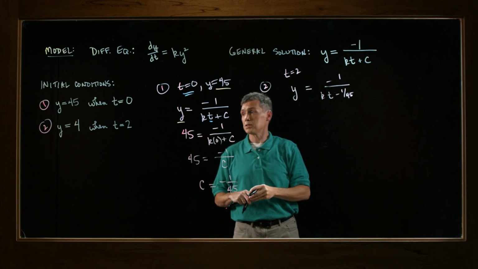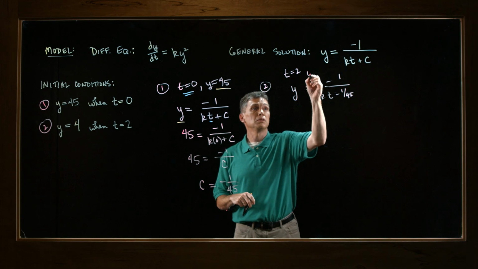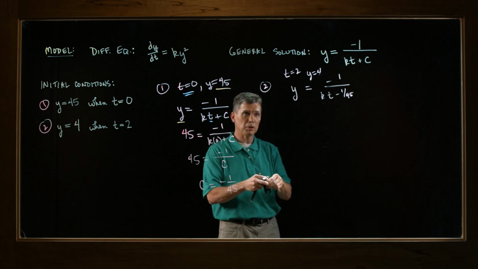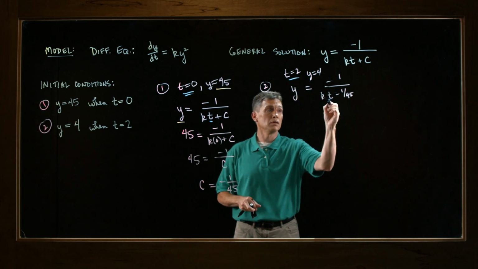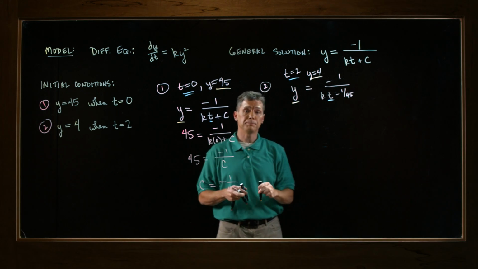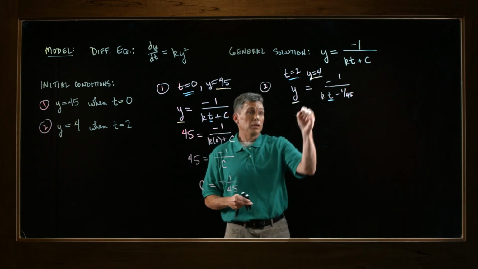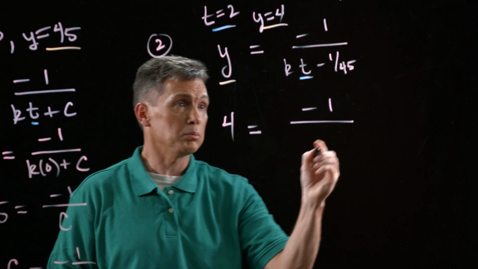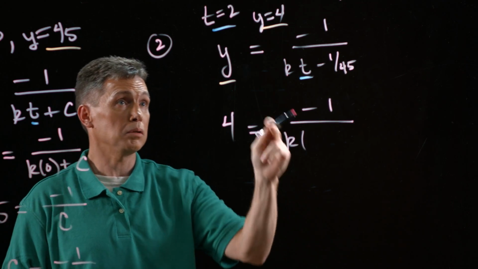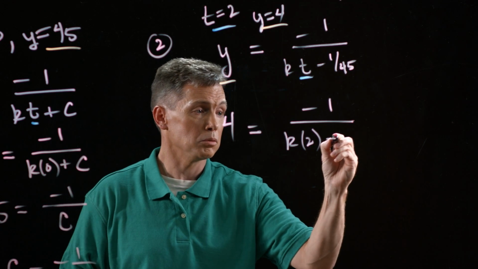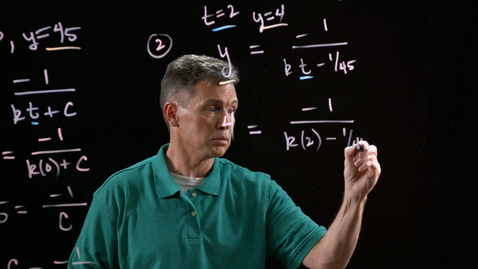The second initial condition, t equals 2, y equals 4, and I'm just plugging those in here and here. My y is 4 equals minus 1 divided by k times my value for t is 2, subtract 1 over 45.